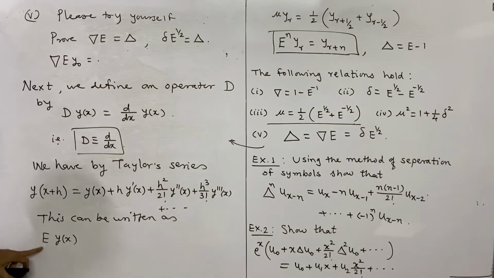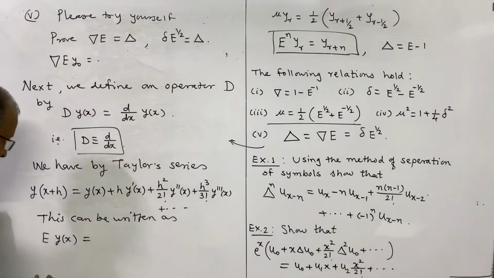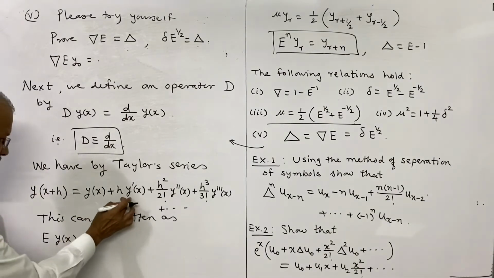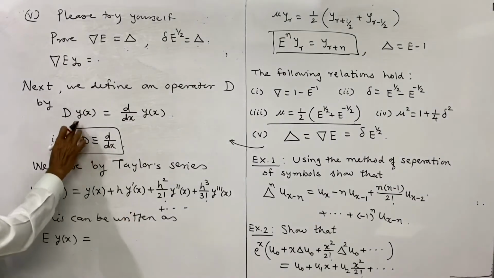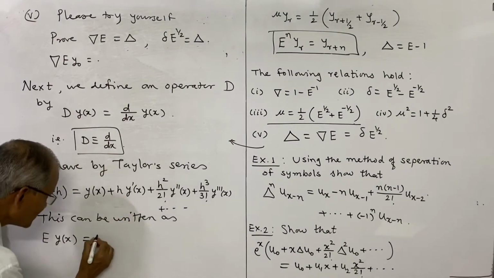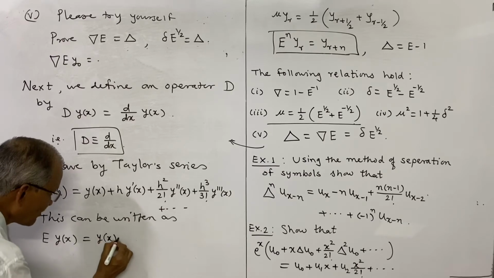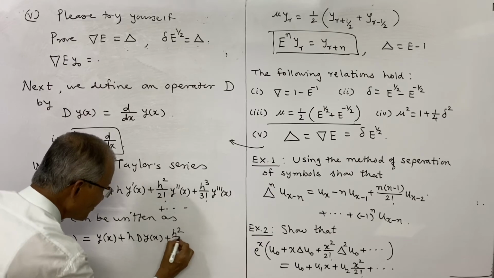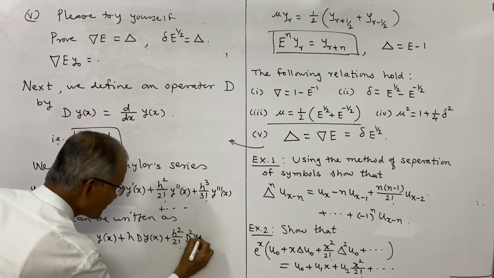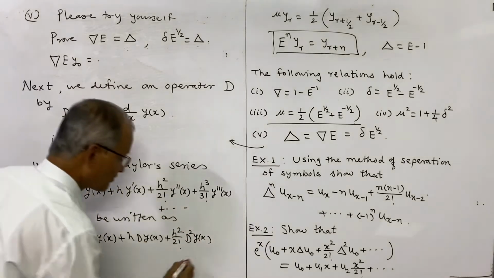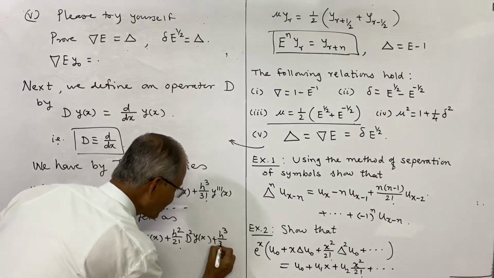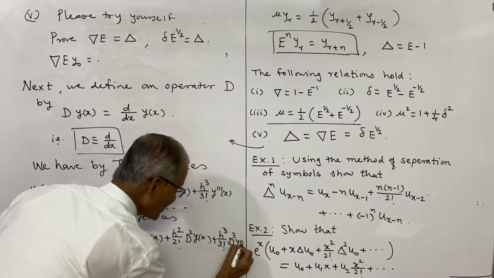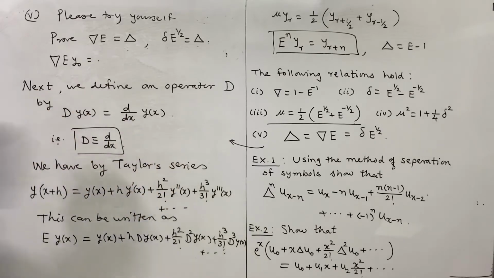The difference is assumed to be h, and earlier we have assumed the difference as 1. So E of y x is equal to, now here this can be written as y x plus h times D of y x, where D means derivative. So this is y x plus h D y x plus h square by 2 factorial D square y x, second order derivative, plus h cube by 3 factorial D cube of y x, and so on. Now we can take y of x common on the right side.